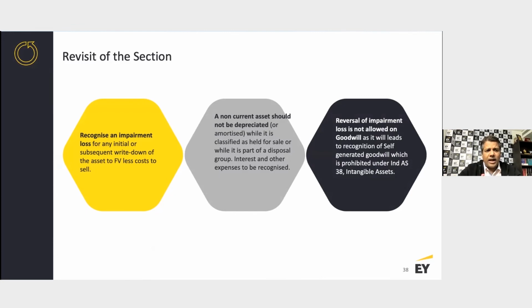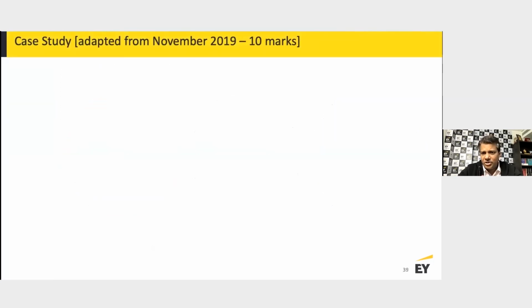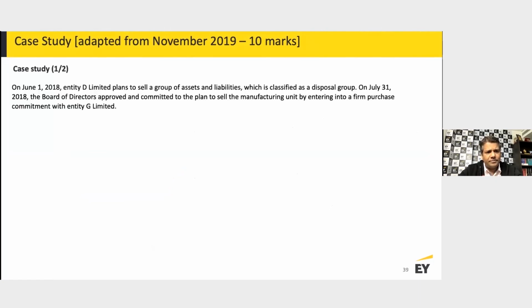Okay, so now we are going to do one case study, which is an adaptation from the November 2019 examination. Let's look at this question. On June 1, 2018, Entity D Limited plans to sell a group of assets and liabilities, which is classified as a disposal group.